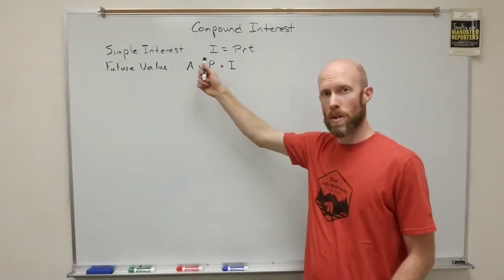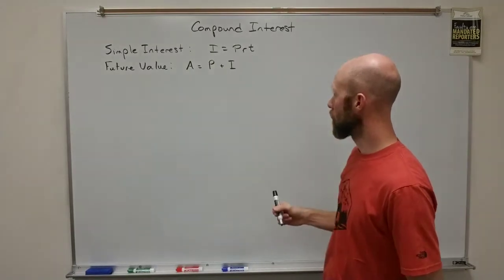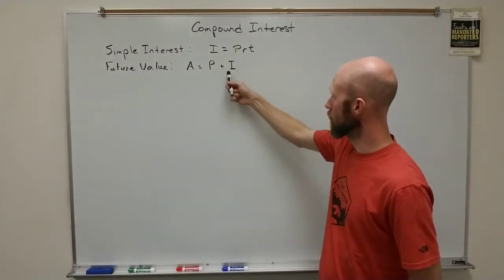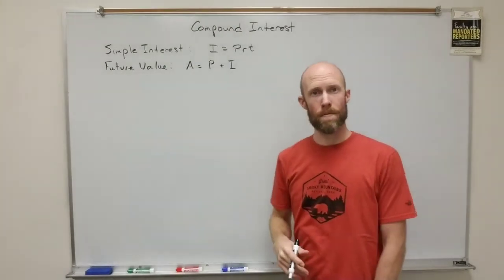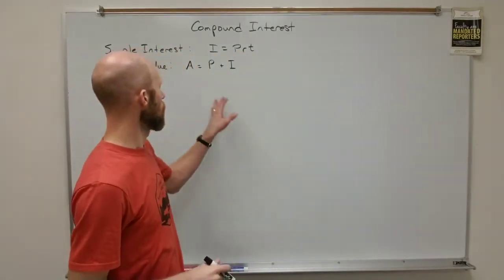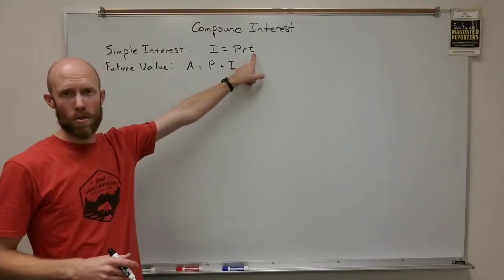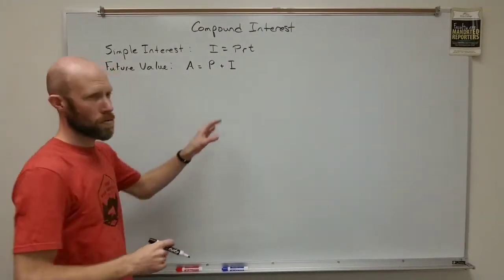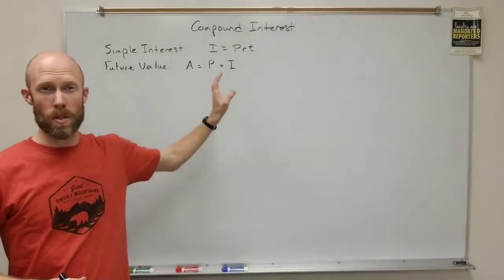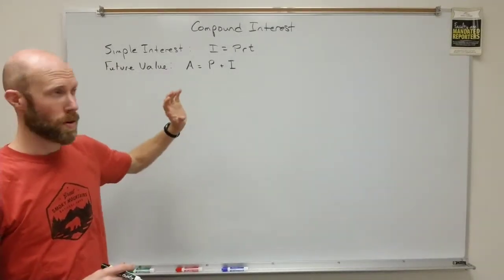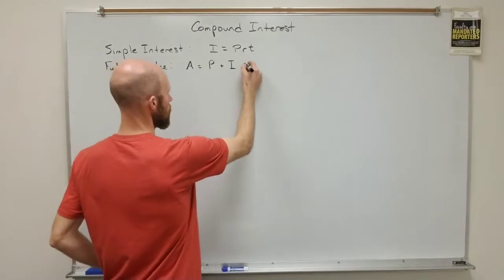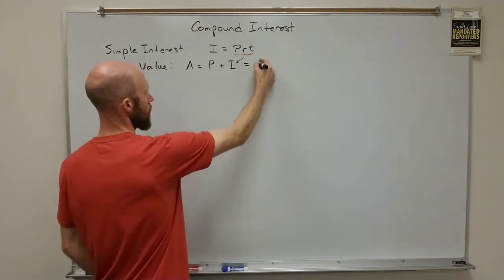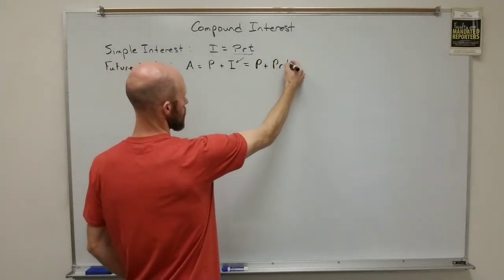Now, how does that relate to simple interest? Well, simple interest, we know I equals PRT, and the future value is just taking that interest and adding it back onto the original principal, okay? And of course this is over T years. We've done this derivation in the simple interest section, but I just want to rehash it a little bit here. If you take this expression and plug it in for I, you get P plus PRT.